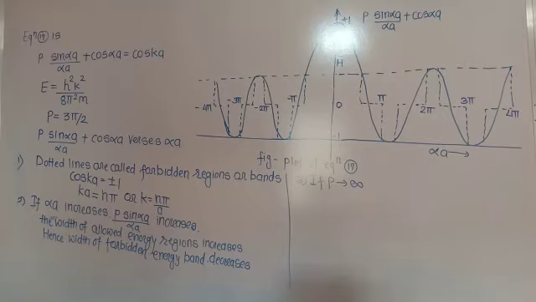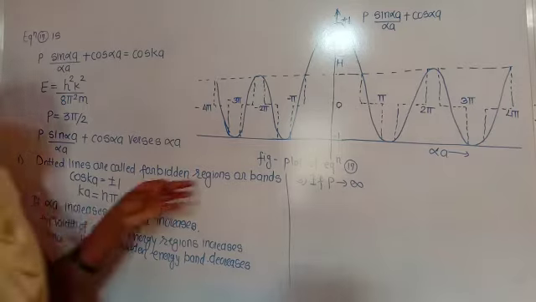The width of allowed energy bands decreases with the increasing P. When P tends to infinity, the allowed energy bands become infinitely narrow and are independent of K. That is, the energy spectrum becomes a line spectrum.